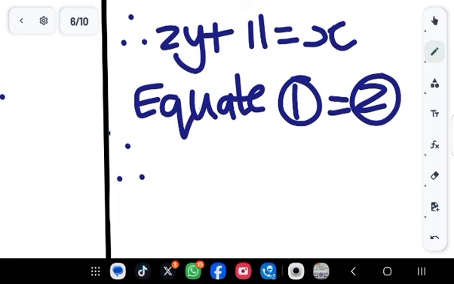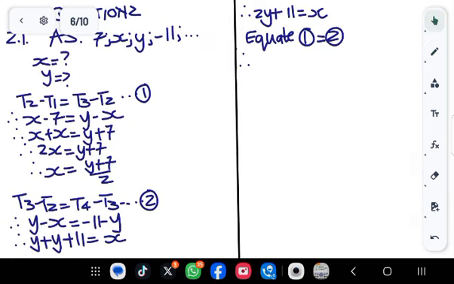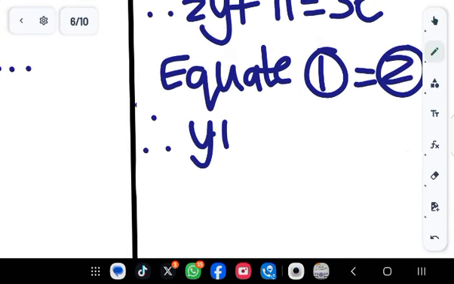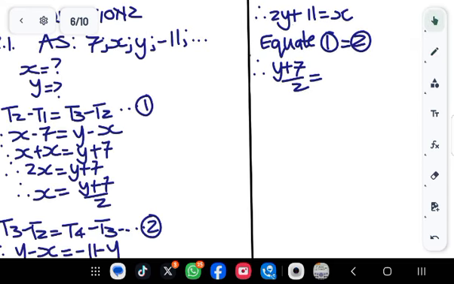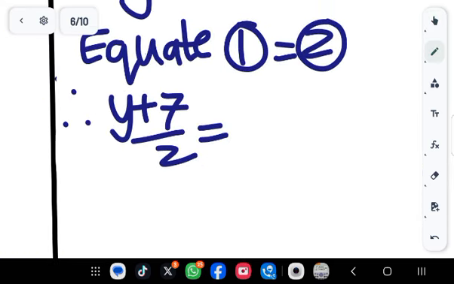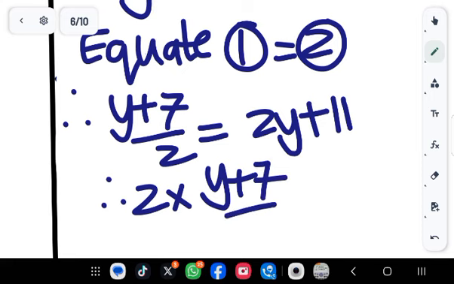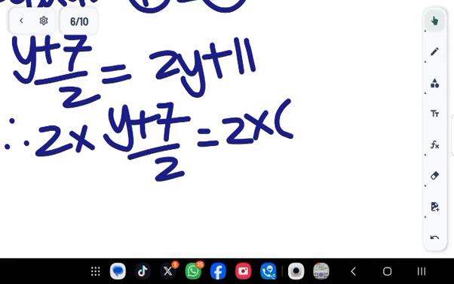Therefore, (y plus 7) over 2, that is the left hand side, equals 2y plus 11. Multiply throughout by 2 to get rid of the fraction.